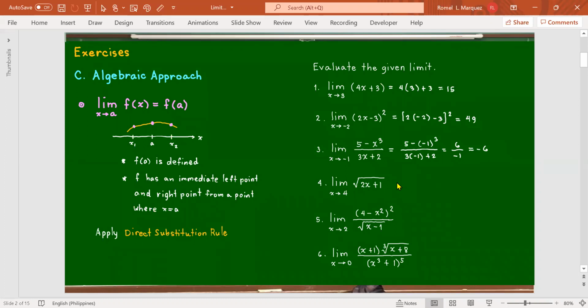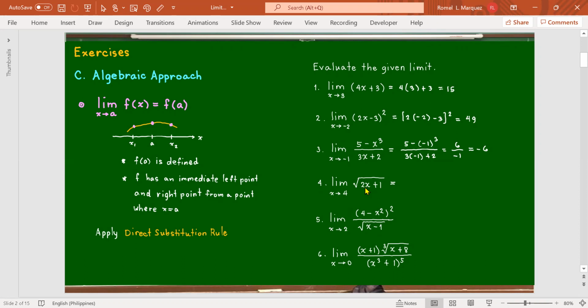So what about number 4? When you're dealing with radicals, you have to be careful. If the limit of the radicand, for instance, approaches 0 but through negative values, you cannot apply the direct substitution rule. So I think there is no problem in this case, no?